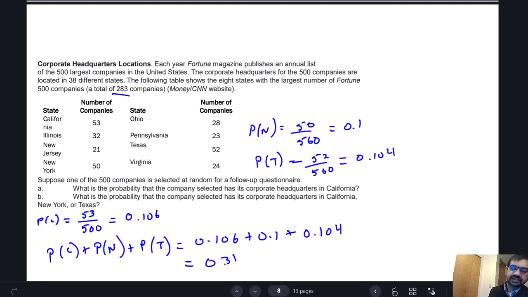So the probability that the headquarters are in any of these 3 states is 0.31. If we wanted to find the probability that a company is headquartered in any one of those states, we would do our number, which is 283, divided by 500. So again, probabilities are just looking at the number of ways in which an event can occur divided by the total number of events possible.